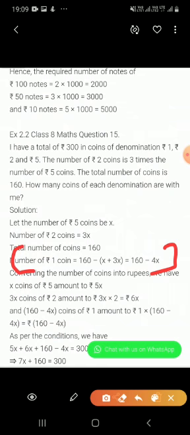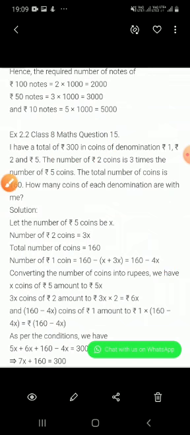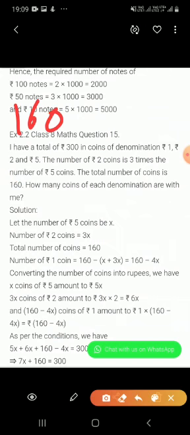Now total money is how much? 300. Total money is 300. Number of 1 rupee coins is 160 minus 4x. So 1 rupee coins, how much money we are having? Same, 160 minus 4x. Then how much is the 2 rupee coins?